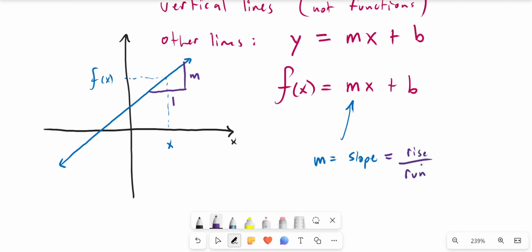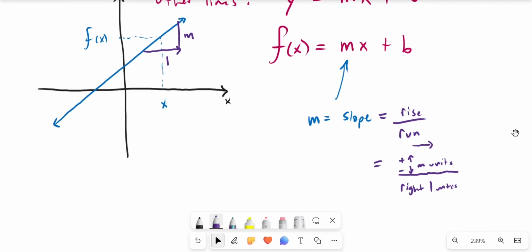I like to think about running to the right by 1 and seeing how much we go up or down. If I go right by 1 unit, I'll be going up, or if negative, going down, by m units in order to stay on my line.